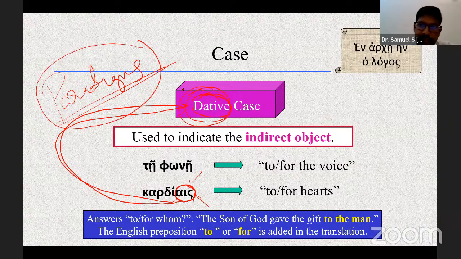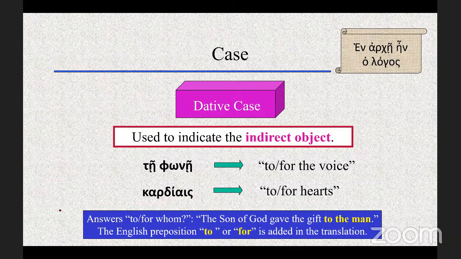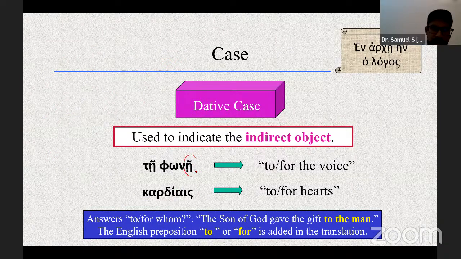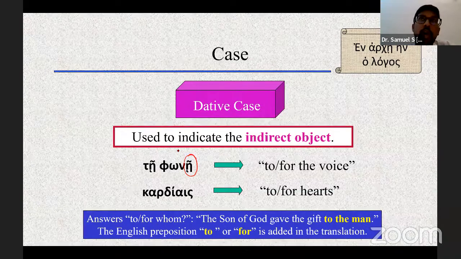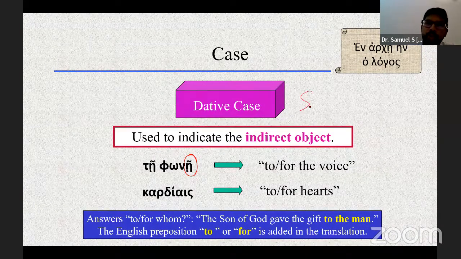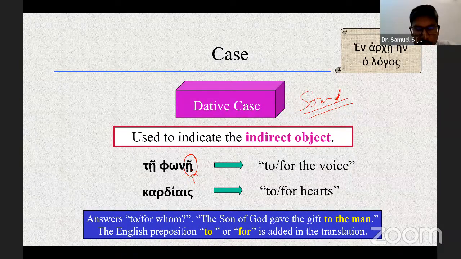There's no other way. Brother, I have a query. In the first example, the iota subscript is usually not pronounced. That's what you mentioned. So in that case, if someone is reading, both nominative and dative look similar. That's correct. Both nominative and dative sound similar, but it looks different because of the iota subscript.